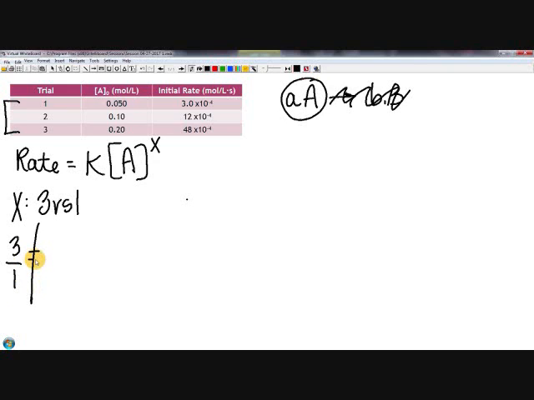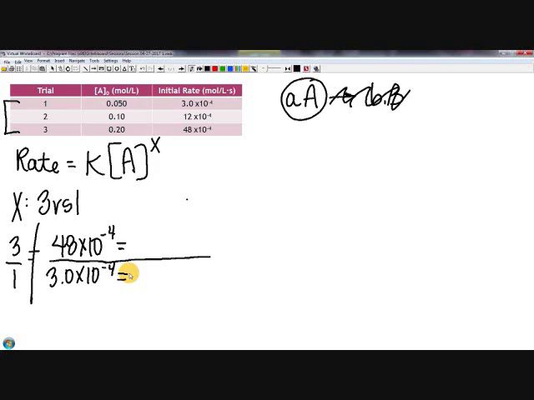So I'm going to take the rate from 3, which is 48 times 10 to the negative 4th. I know that that is not correct scientific notation, but it's just there so it shows you that math is easier. And then this rate of 1 is 3.0 times 10 to the negative 4. So what I'm doing here is I'm writing 2 equations. So the rate equals K times that for the top, the rate equals K times that for the bottom.